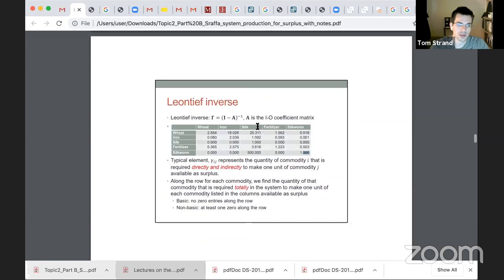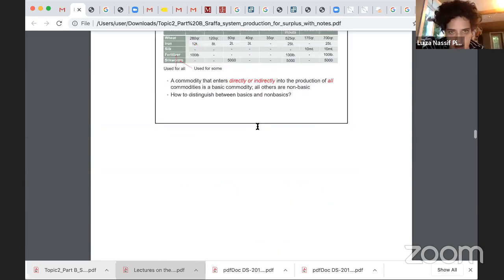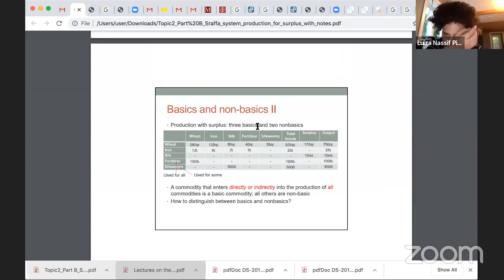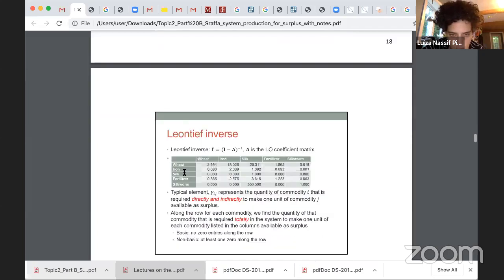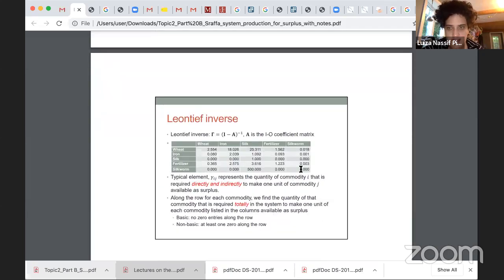Is this the non-basic good? Yeah, right? This is the non-basic good. Look at the silk. The silkworms actually go in the production of silk. So when you have the 1, it's because it doesn't use itself.